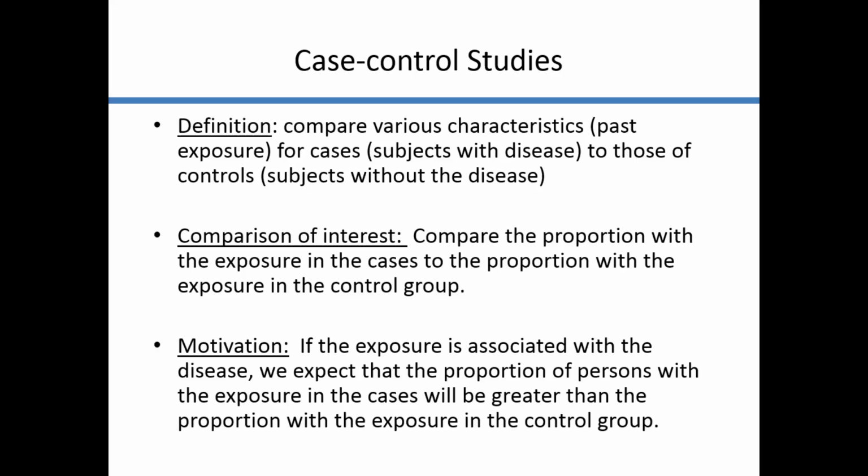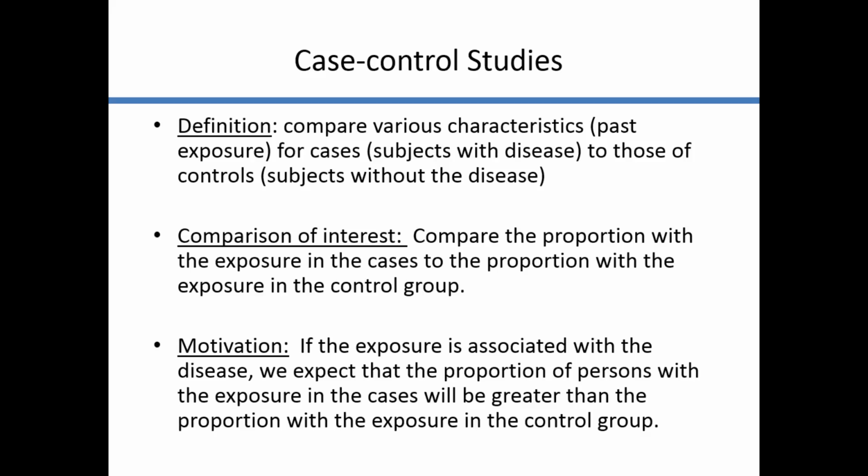So now we're going to talk about case control studies. I mentioned them briefly, but I'll give you a hint up front: they do not have a forward directionality. They have a backward directionality. So we compare various characteristics, past exposures, for cases to those of controls.